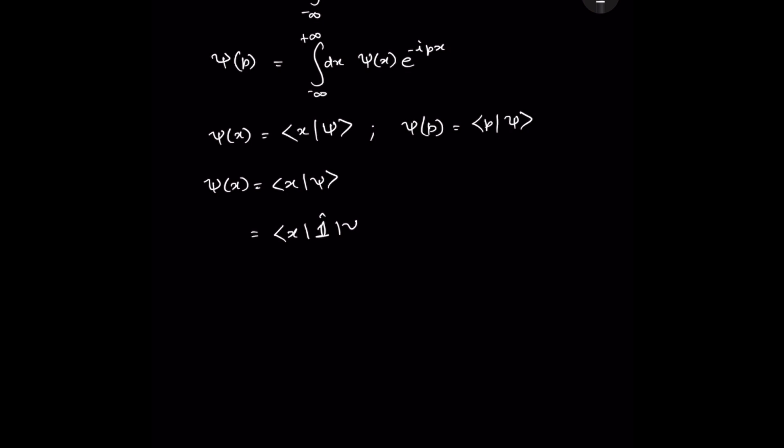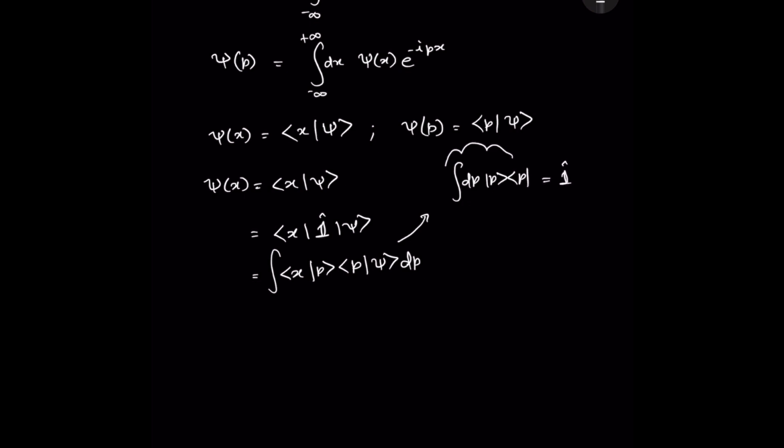So these two are equal. We say <x|p><p|psi>, and this will be a continuous integral. So what I used here is the integral over dp of |p><p| as the identity.